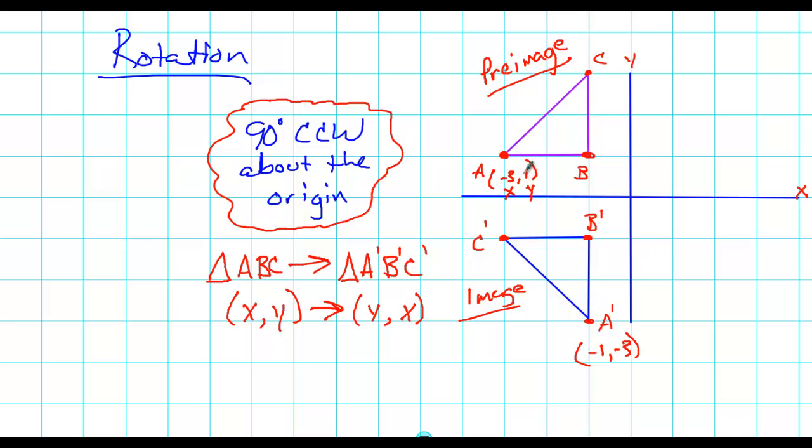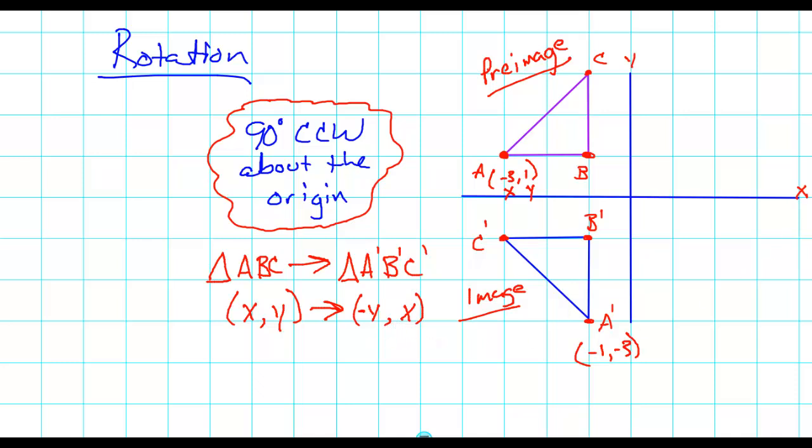The y was 1, switched to the front where it became the x, but it also became negative. So whatever's right here in our new point is negative, or it's opposite of what it was.